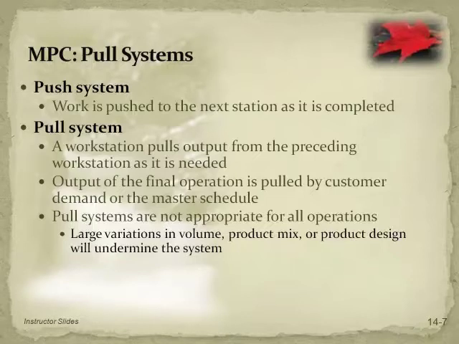A pull system is when we pull output from the preceding workstation only when it's needed. So we are pulling from the top of the bill of material downward to the bill of material. And the big advantage of a pull system is that it eliminates this unnecessary, wasteful inventory sitting there waiting to be used.